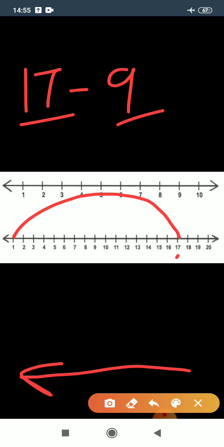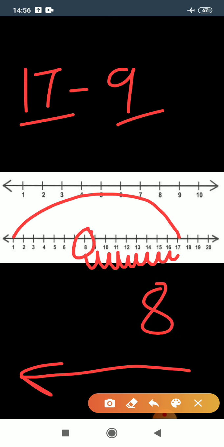So, let's see. 1, 2, 3, 4, 5, 6, 7, 8, 9. So, my answer is 8. Got it? So, with the help of number line, our calculation will be easier than counting on the finger.